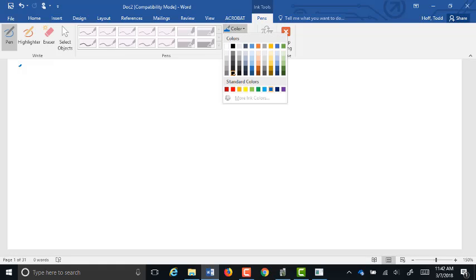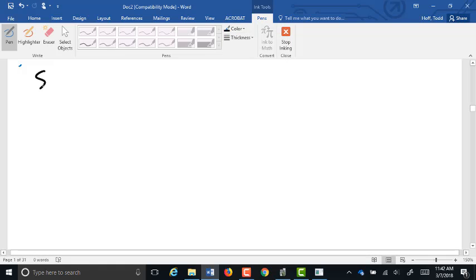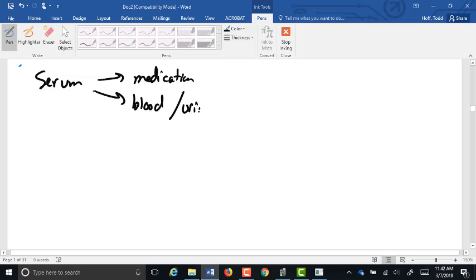What we did on Monday, we were taking a serum, which could be a medication, or it could be some bodily fluid like blood or urine, and we were diluting that pure substance with water. Which we abbreviated NS for normal saline, which is any sort of sterile water. Neutral solution is another way to think of it.